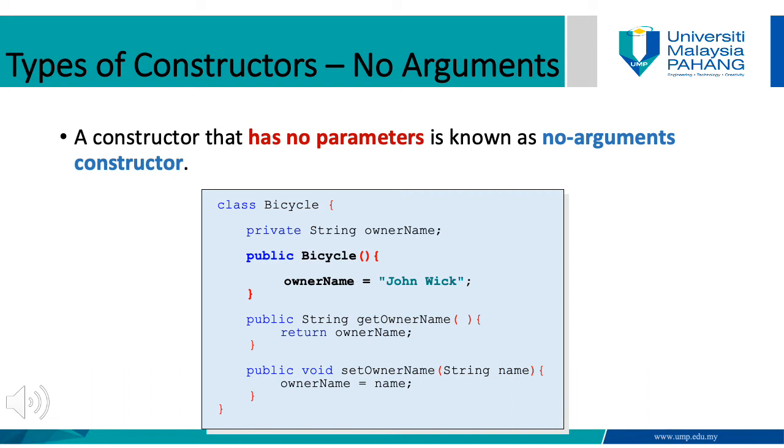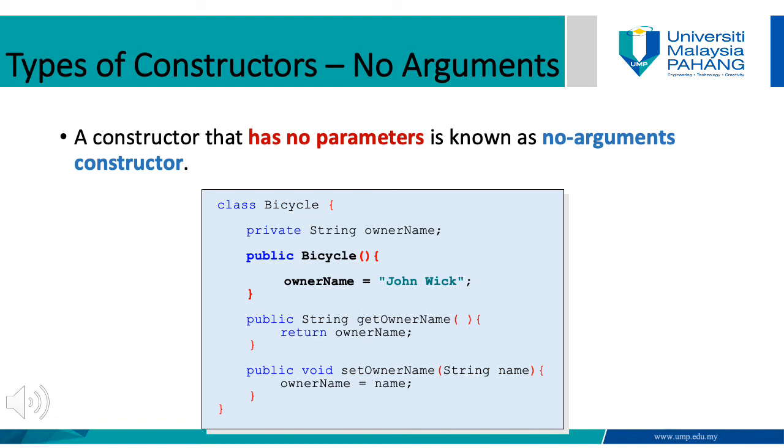So this is an example of a no argument constructor that doesn't have any parameter. If you see the public void setOwnerName, the last one has String name. It has a parameter, but this one doesn't have a parameter.